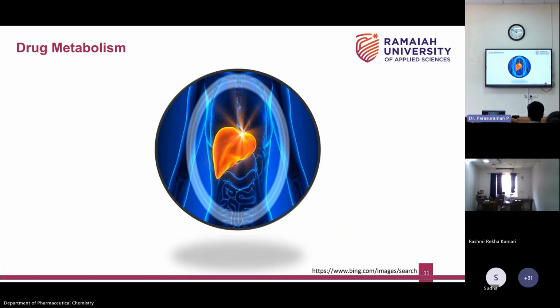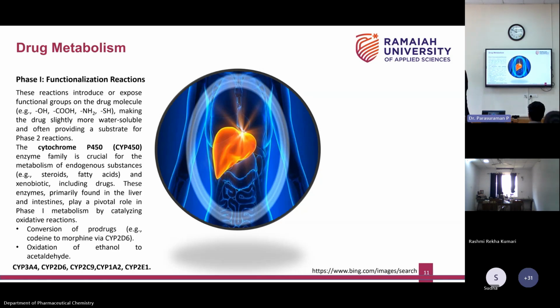Then drug metabolism. The drug got administered, then absorbed, distributed. Then what about metabolism? Metabolism occurs in the liver. There are certain enzymes like cytochromes which help in drug metabolism. There are two phases.